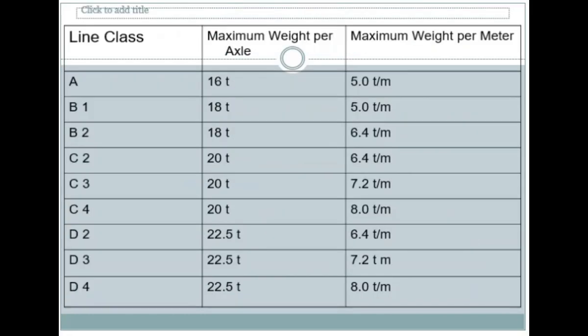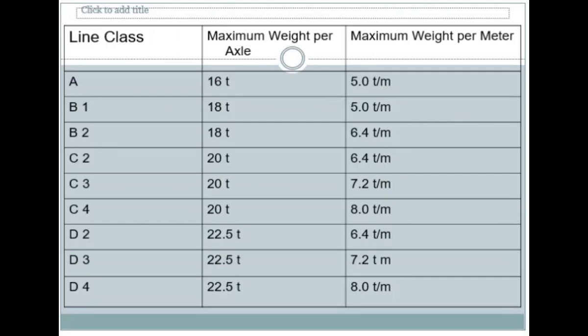Right. This table is what guides what the forwarder needs to do regarding the line class, the maximum weight per axle, and the maximum weight per meter. In a typical A class, the maximum load that you can put in a train, if it's a 2-axle wagon, the total weight per axle is 16 tons.